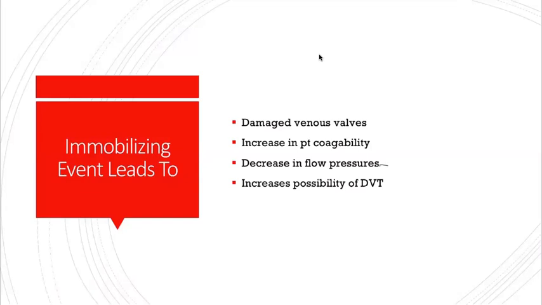Like what's in the parentheses: who has decreased flow pressure, people who have congestive heart failure; who is at increased risk for coagulability; damaged valves. And you're missing one, which I would write here, an immobilized leg.